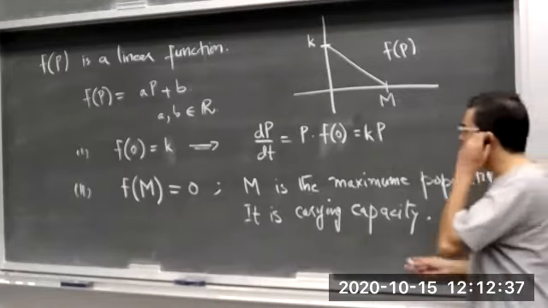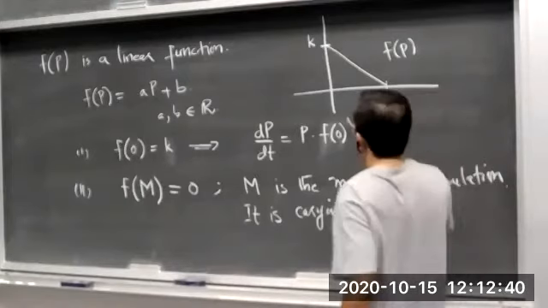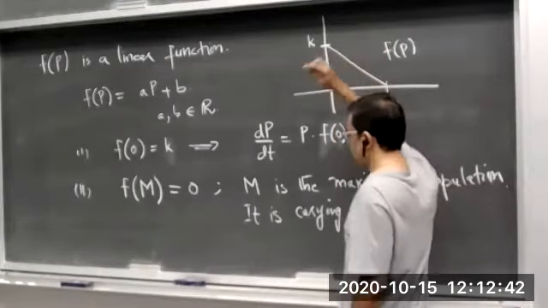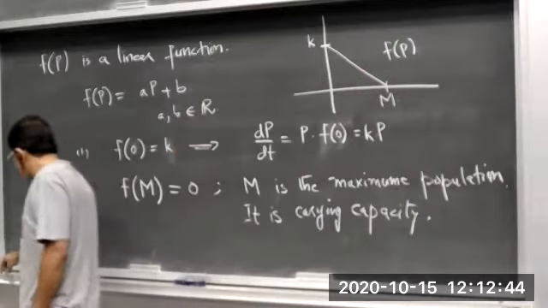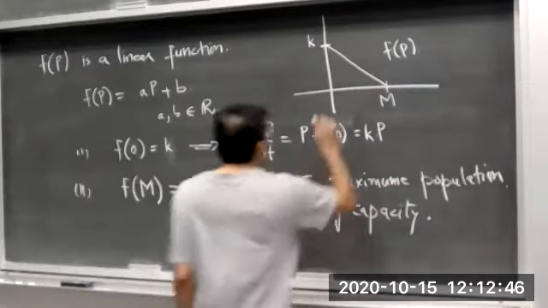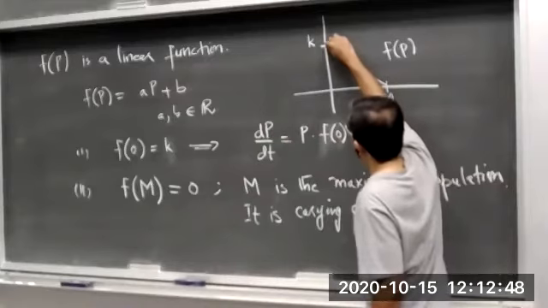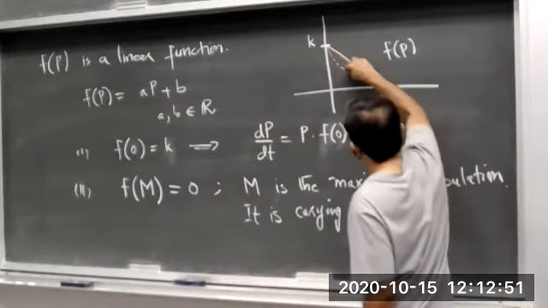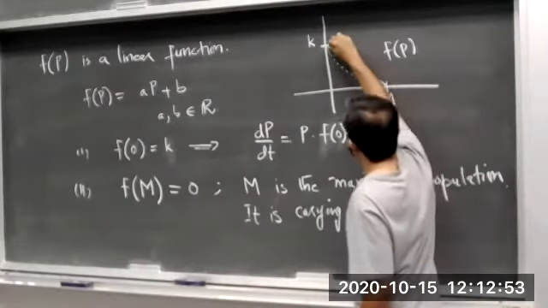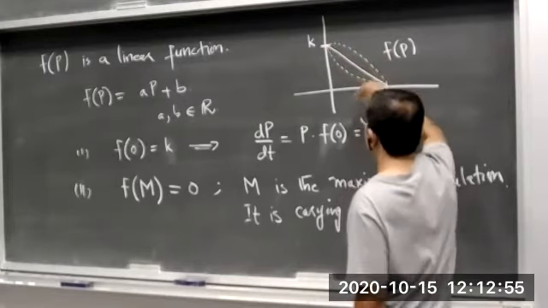This is a very elementary function which we can assume as f of p. We can assume other functions as well which are not linear, maybe a function of this kind, or a function of this kind, or any other function.